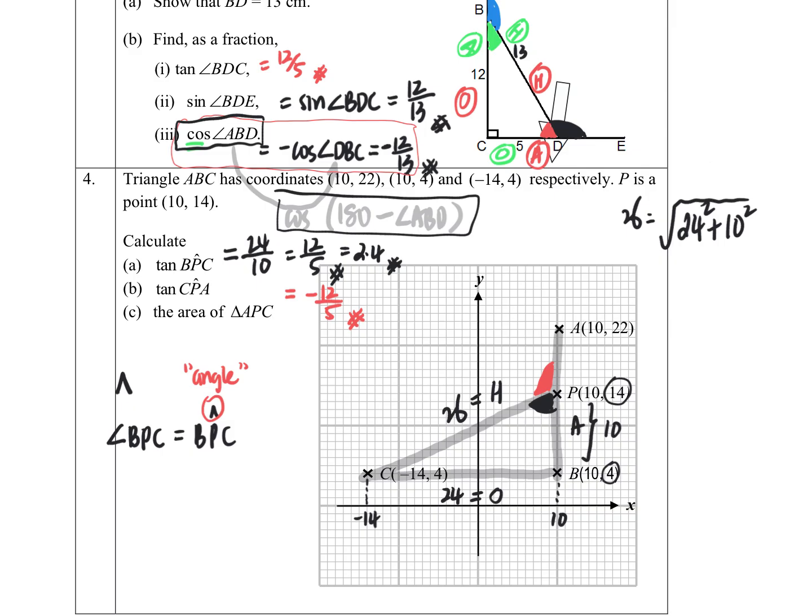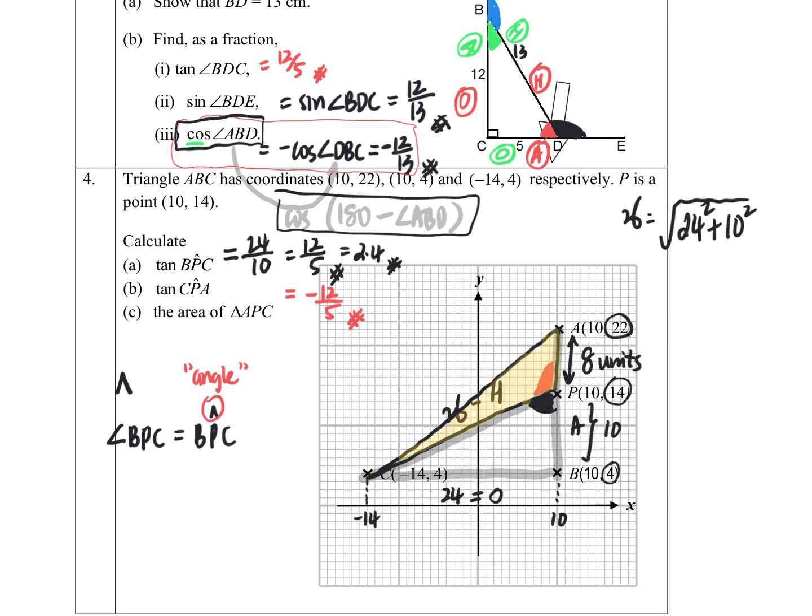Okay, last one, area of APC. So this one, don't need to think so much. If I'm interested in finding the area of this slice, the yellow triangle, just give me the half times base times height will do. This is the base. From 14 to 22 is 8 units.